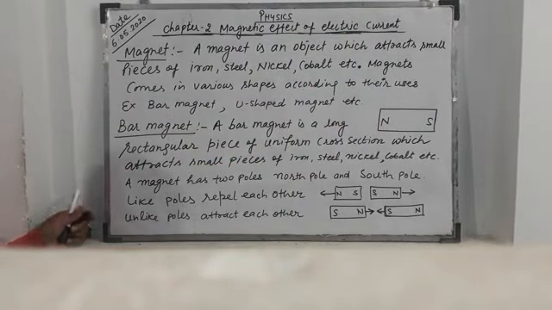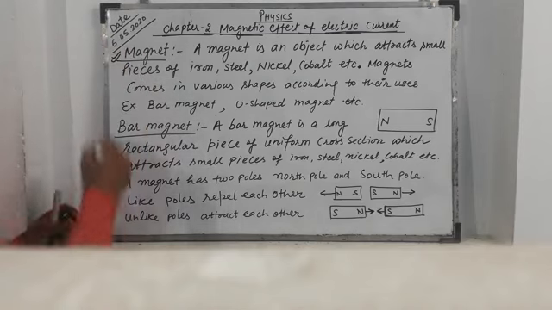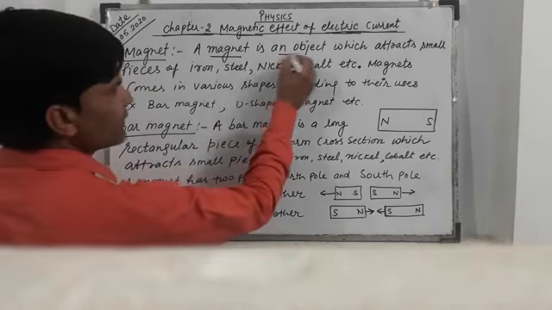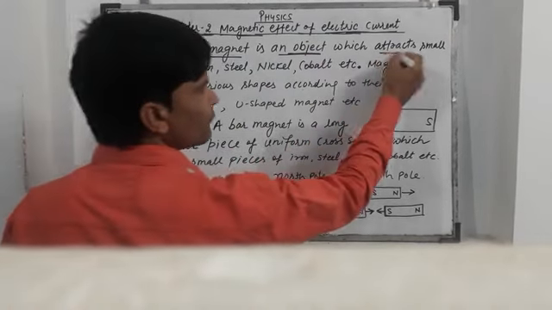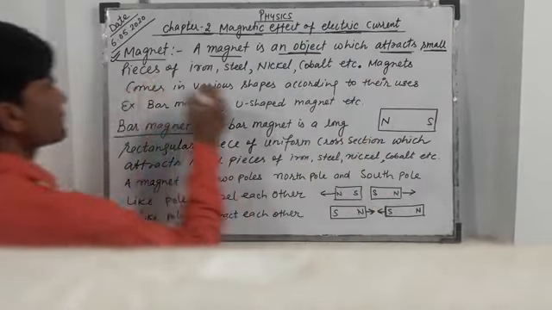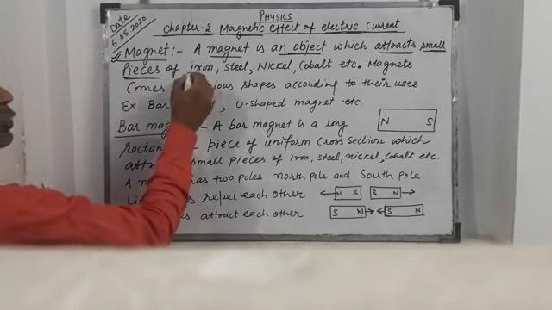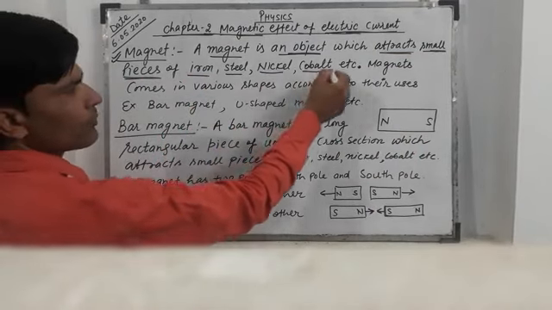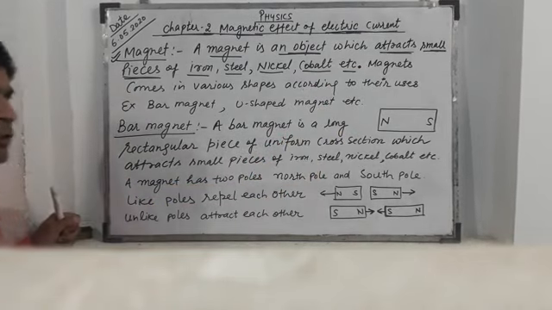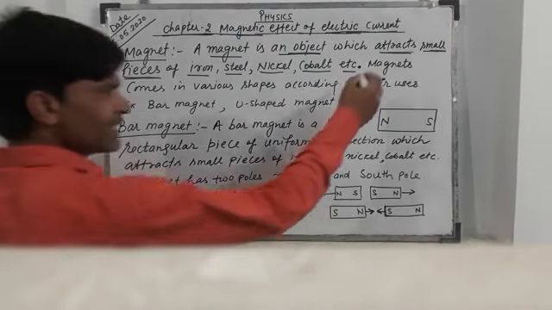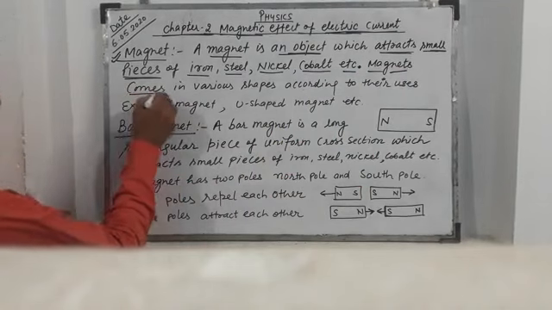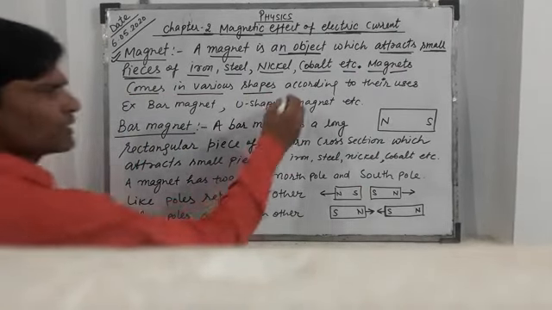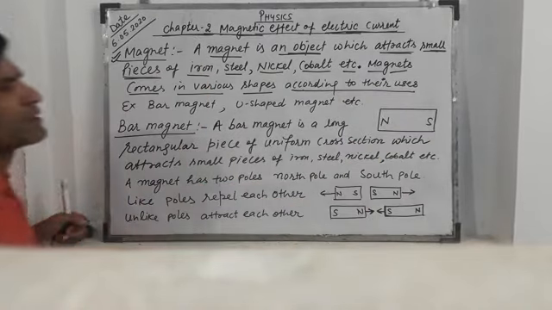Now the question is, what is a magnet? A magnet is an object which attracts small pieces of iron, steel, nickel, cobalt, etc. Magnets come in various shapes according to their uses.